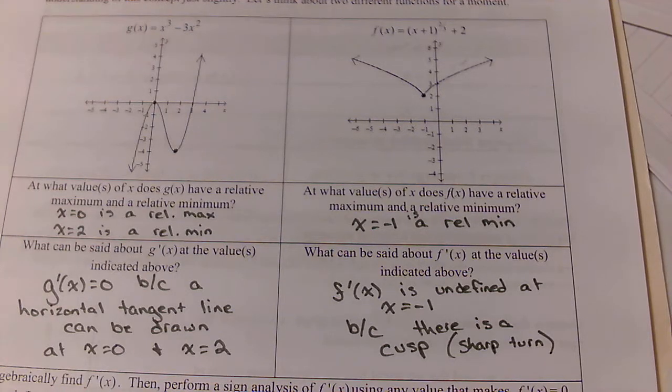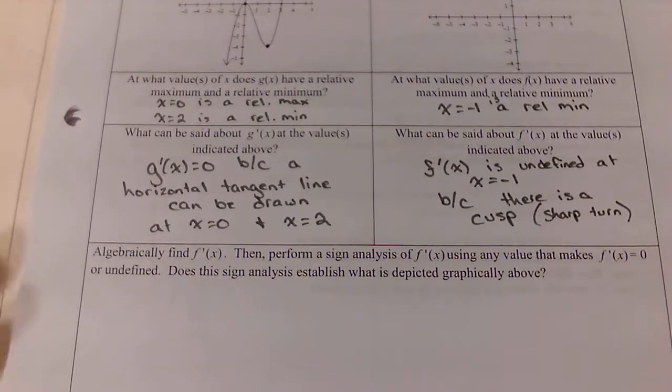So we're adding that feature in: it's not always that a max or min occurs when the derivative is 0. Sometimes it actually occurs when it's undefined as well.